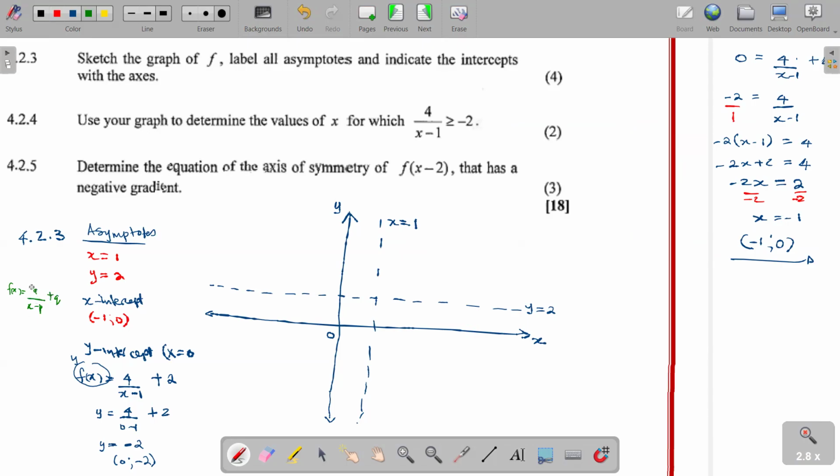So if this a is positive, the arms of our graph must lie in the first and third quadrant of our asymptotes. So we are going to have our first arm here, then we have our second arm here.